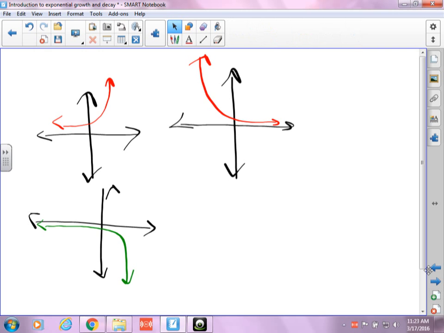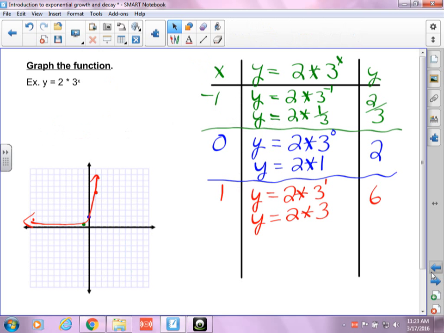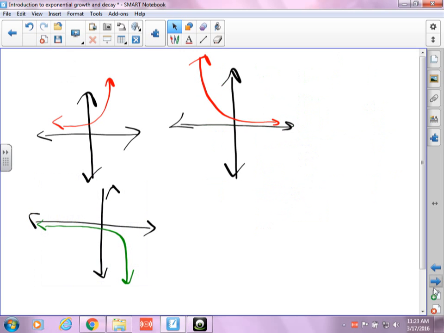See, it says 2 times 3 to the x. If that 2 were a negative number, then all of my y values would be negative. So when it happens, the green graph is what it looks like. It won't cross the x-axis, meaning it will never be positive y. So that's why it doesn't cross the x-axis.